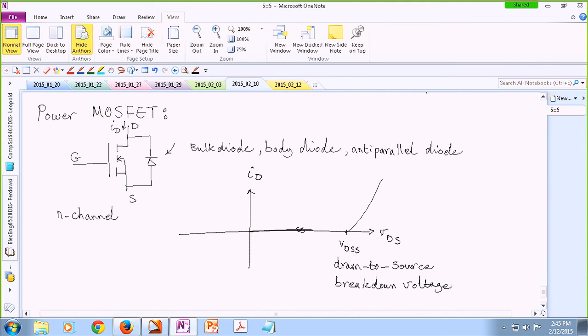Now, technically, you cannot apply any negative voltage across this component because the diode is there, and as soon as you intend to do anything negative, the diode is going to turn on.